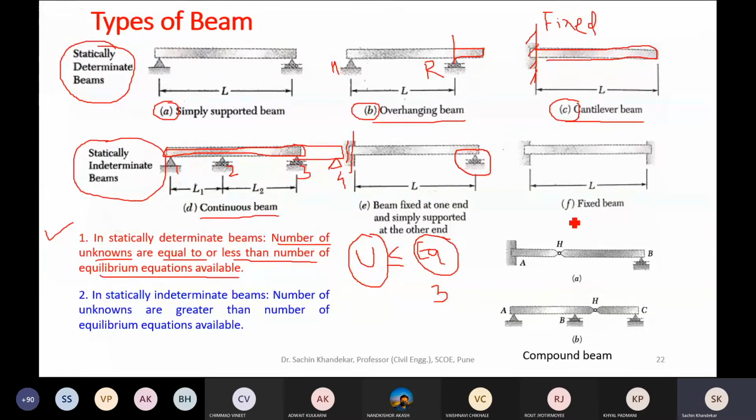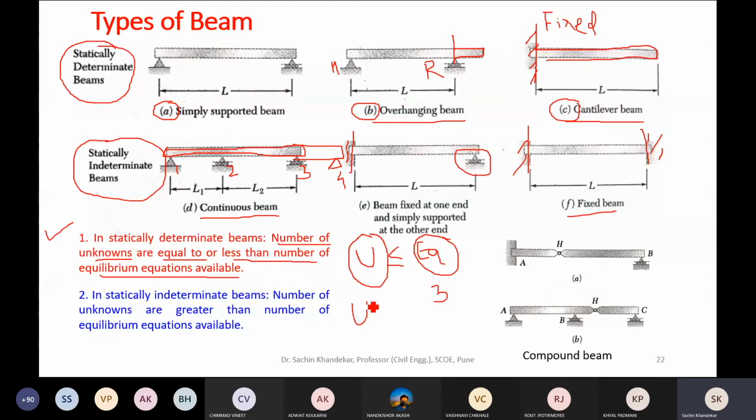Next type of statically indeterminate beam is where both the supports are fixed. So these are the statically indeterminate beams. Now, what is meant by a statically indeterminate beam? In case of statically indeterminate beams, the number of unknowns is greater than the number of equilibrium equations available.